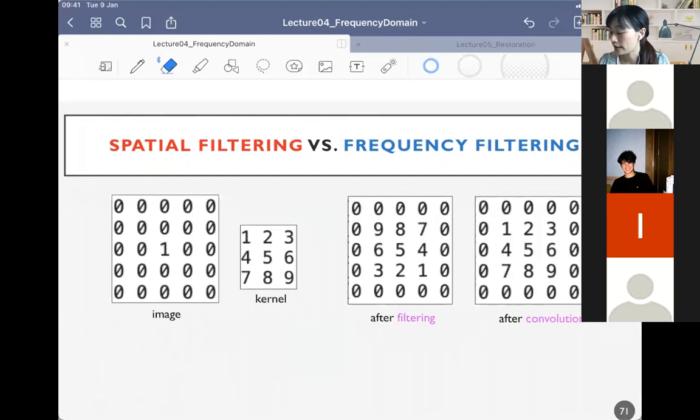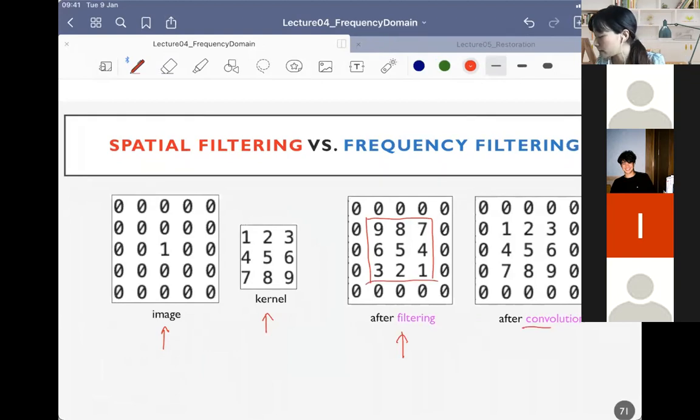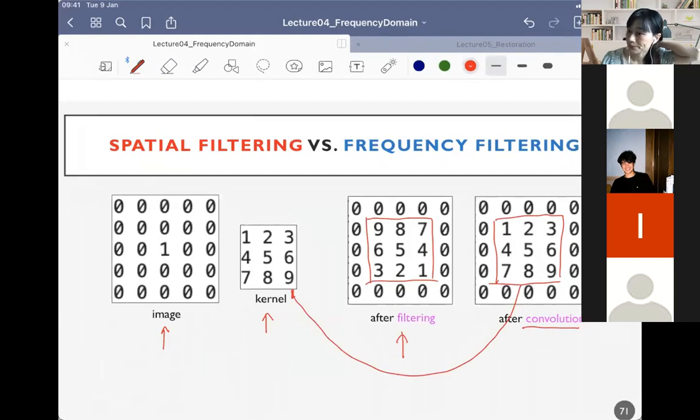So if you have this image and you have a kernel, when you do filtering, you see this as a result. But when you apply convolution, you just flip the kernel. You see the result looks so much like the kernel, right?